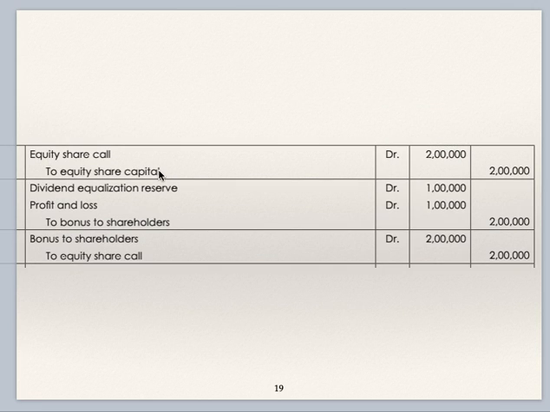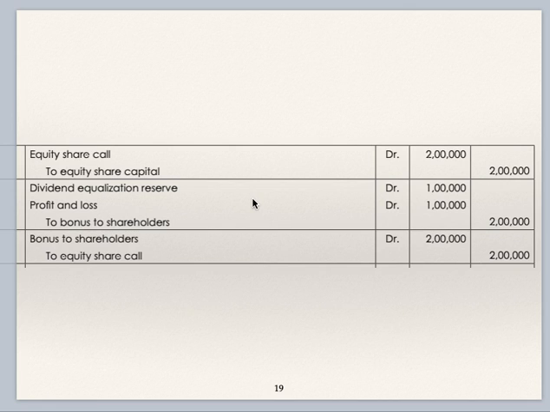Next, partly paid equity shares are also entitled to get equivalent bonus which fully paid shares have received. Fully paid share capital was 2 lakh shares of 10, 20 lakhs, and they got 10 lakh worth bonus shares. Just now we have passed the journal entry. Bonus to shareholders was 10 lakh and capital was 20 lakhs, 2 lakhs into 10.